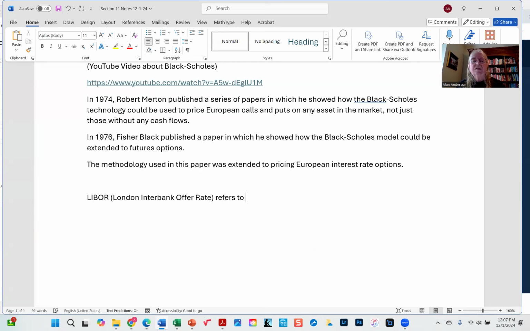It refers to the rates that the largest London banks charge each other for short-term, often overnight loans.